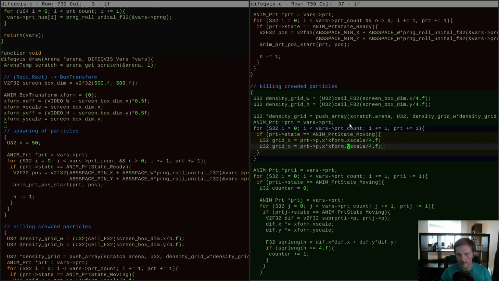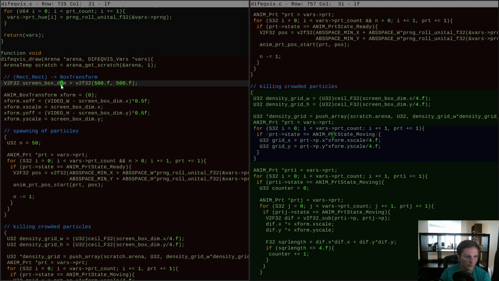Same thing with the Y scale Y, grid Y. This only works so long as p.x and p.y are based on 0. So this is still not correct. We don't actually have an abstraction yet between these two rectangle spaces. So we got to come back around to that and do that better.